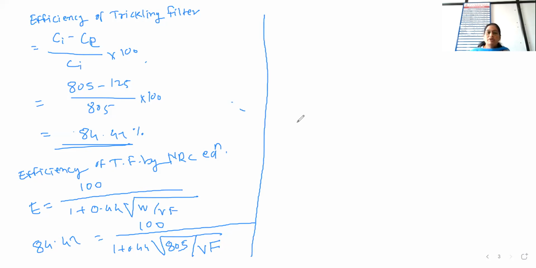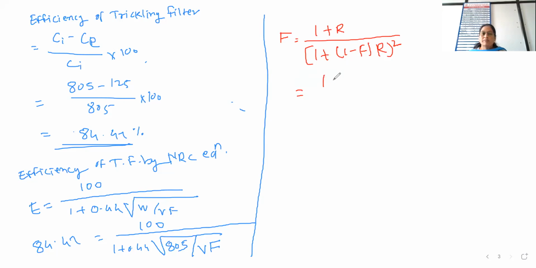What is the formula for the recirculation factor? Recirculation factor F is equal to 1 plus R upon 1 plus in bracket 1 minus F into R bracket square. But that value of F we usually take 0.9, so it becomes 1 plus R upon 1 plus 0.1 into R bracket square. The value of R is given to you, 1.5.